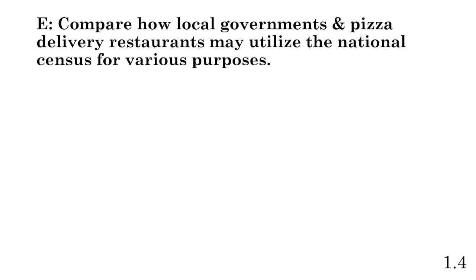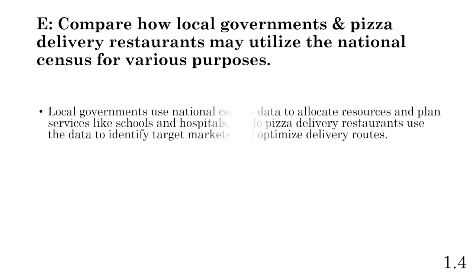So in our prompt, we have to compare how local governments and pizza delivery restaurants may utilize the national census for various purposes. This, to me, is a contrast prompt. So let's look at some examples. Local governments use national census data to allocate resources and plan services like schools and hospitals, while pizza delivery restaurants use the data to identify target markets and optimize delivery routes.